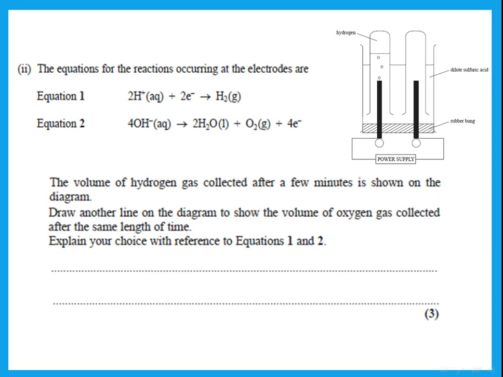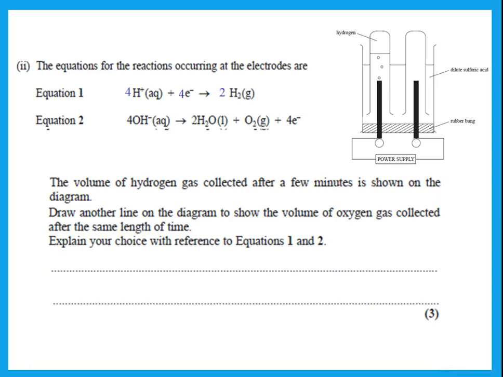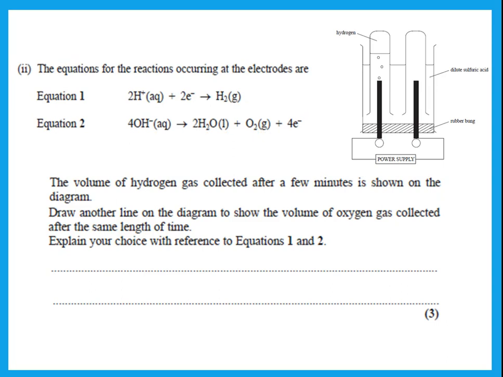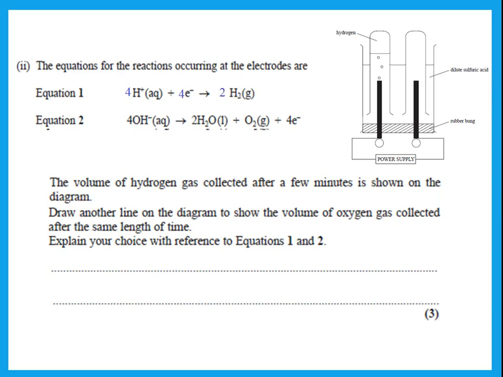Now, what do I do in order to make them the same number of electrons? I can multiply everything in equation 1 by 2. So, instead of having, what did I have? I have 2H+, 2 electrons, 1 H2. I multiply through by 2. So I get 4H+, 4 electrons, and 2 H2.